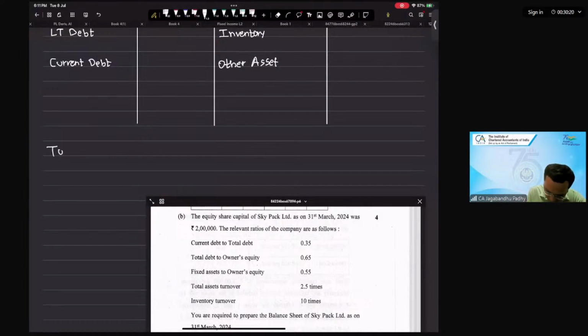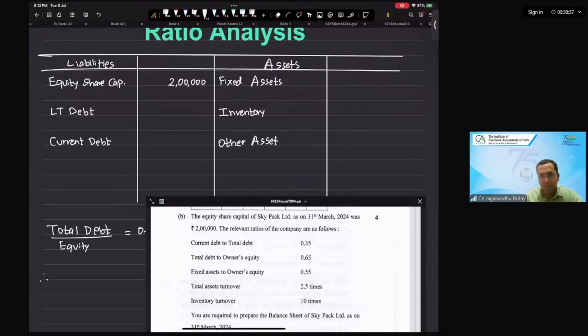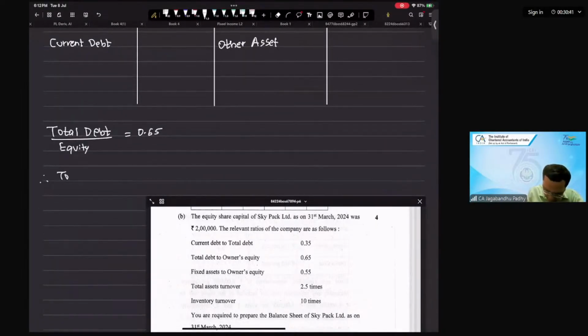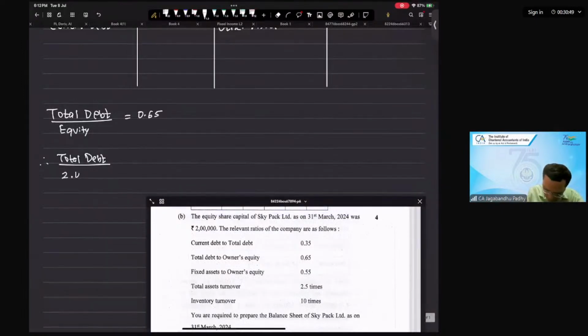We use total debt to equity, which is 0.65. Since there's no information on reserves, I'll take whatever equity share capital we have as the equity. Total debt is what we want to compute, taking the equity value to be 2 lakh.